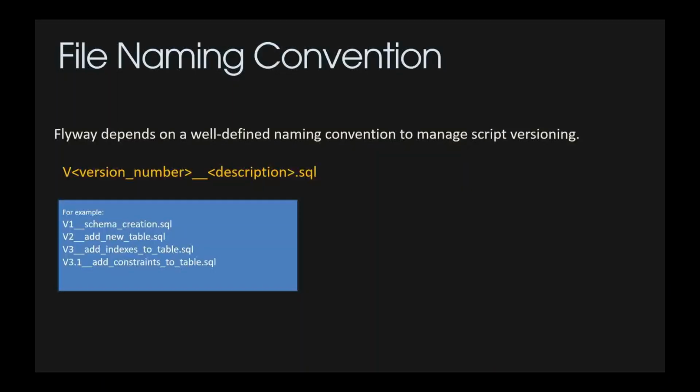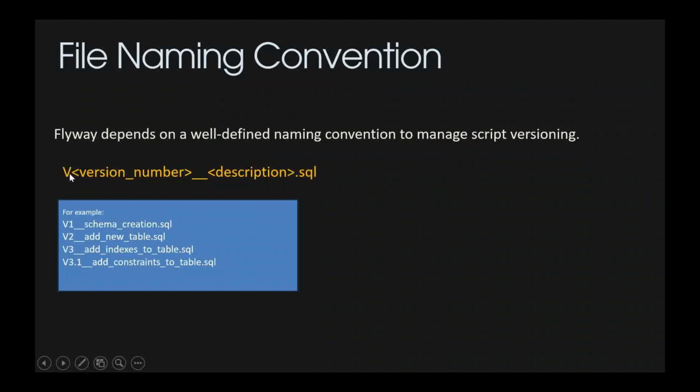This is very important: how you need to name your file to make it compatible with Flyway. If you are not following this format, Flyway cannot track your changes and it will fail your execution. Flyway depends on a well-defined naming convention to manage script versioning. So what should be the format?